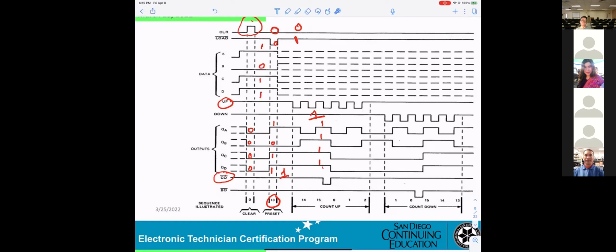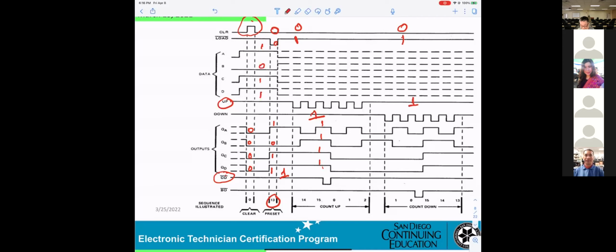Okay, any question on counting up? Now we're talking about counting down. You see, counting down. If you look up here, clear must be 0. Load must be 1. And the clock now will go into down, but up must be 1.